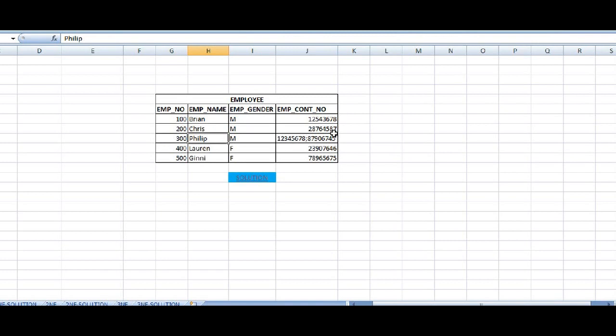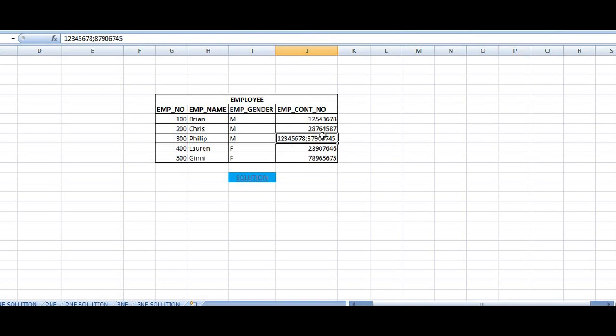Now as the definition says, the domain of every attribute should be atomic. Atomic means it will not allow multiple values. Why am I saying multiple values? Because I am accommodating two contact numbers in one cell, and this is violating the 1NF.